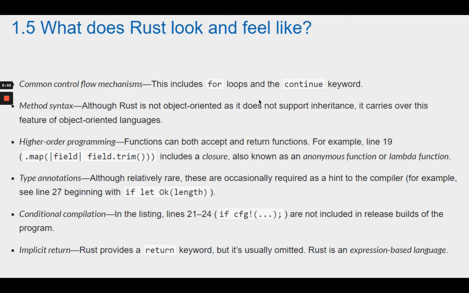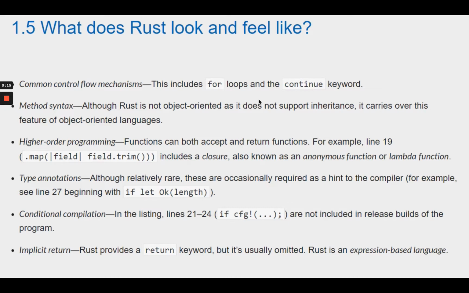Type annotations. Although relatively rare, these are occasionally required as a hint to the compiler. For example, see line 27 beginning with if let Ok(length). Conditional compilation. In this listing, lines 21 through 24 are not included in release builds of the program.